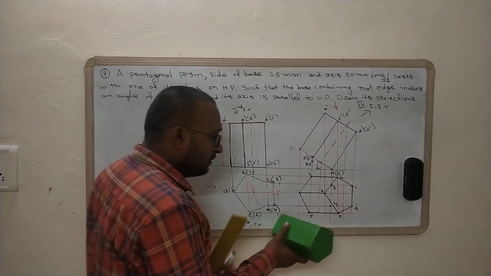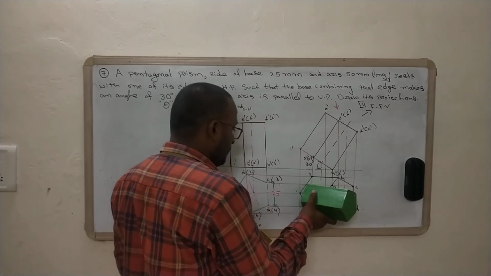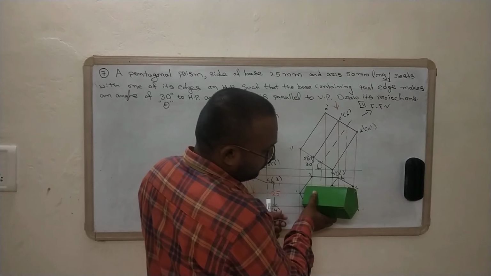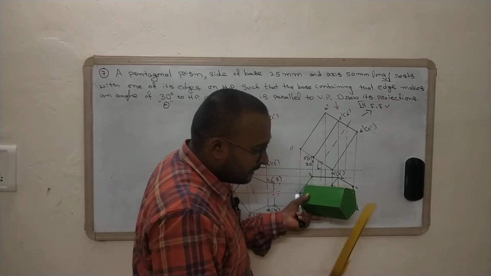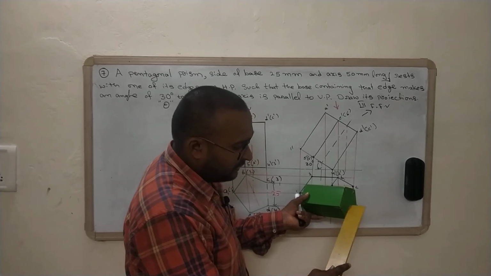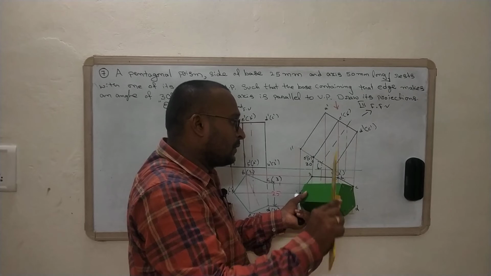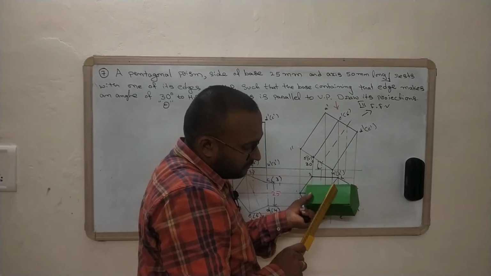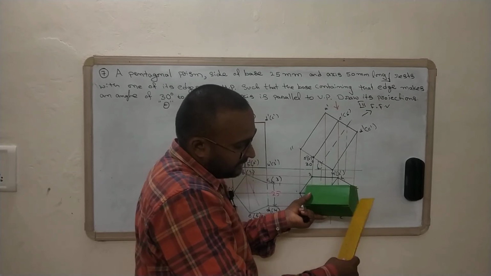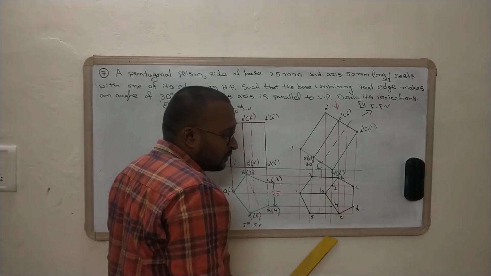So here you can see that this is the position. So this pentagonal surface will be completely visible. When we are going to see from the top view, 1, 2 surfaces are going to be visible. That is 1, 2 surfaces and 3 surfaces will be visible. 1, 2, 3 surfaces are going to be visible.